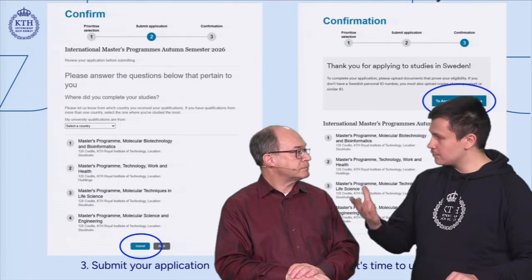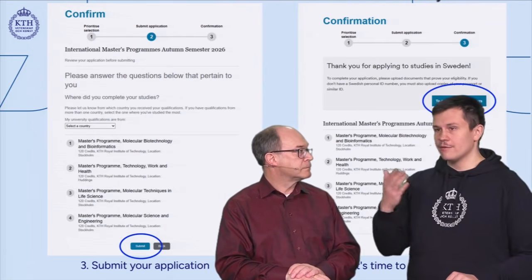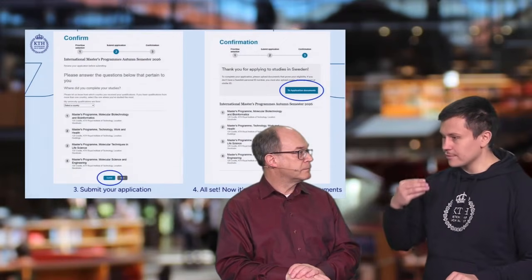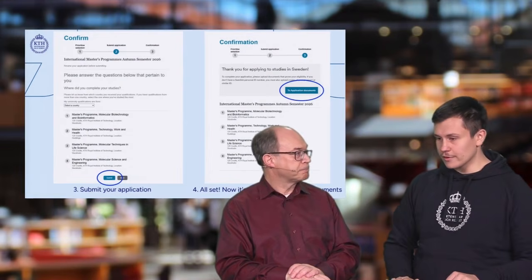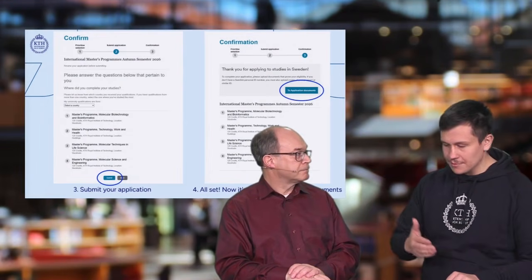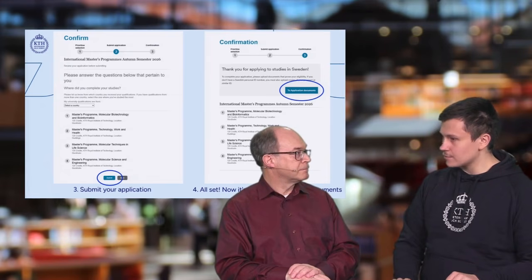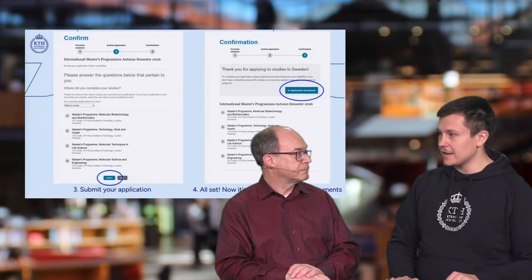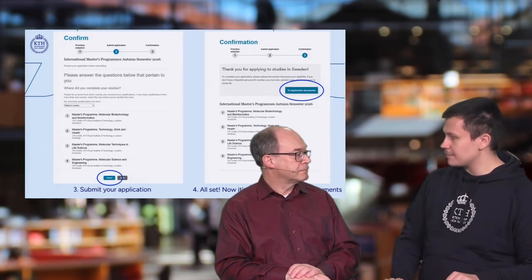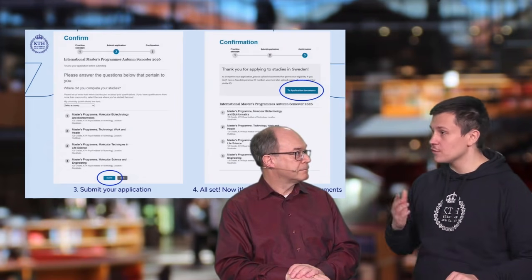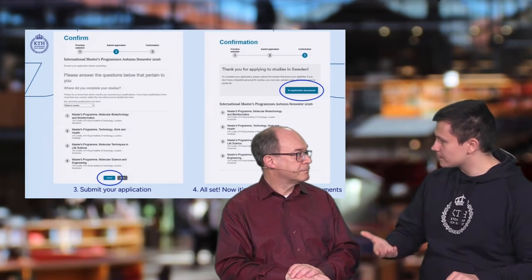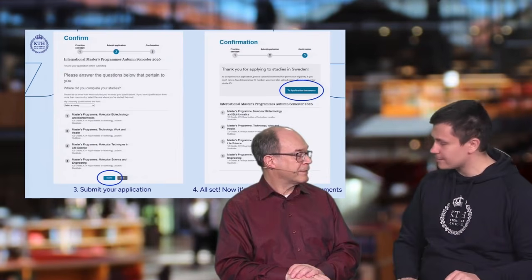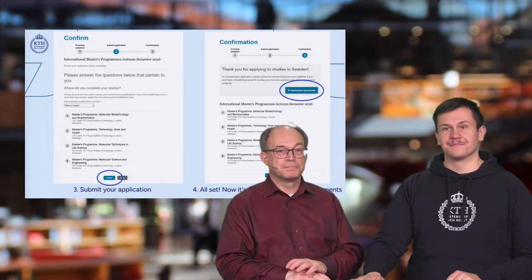It's very good to know these deadlines because, for example, imagine you're still waiting for your transcript of records, then you still have time to submit it. Or if you want to get some feedback from family or friends about your letter of motivation, you can use this time to get this feedback. So I think it's very good to be aware of these 2 deadlines and, if you can, to use the time to improve your application.